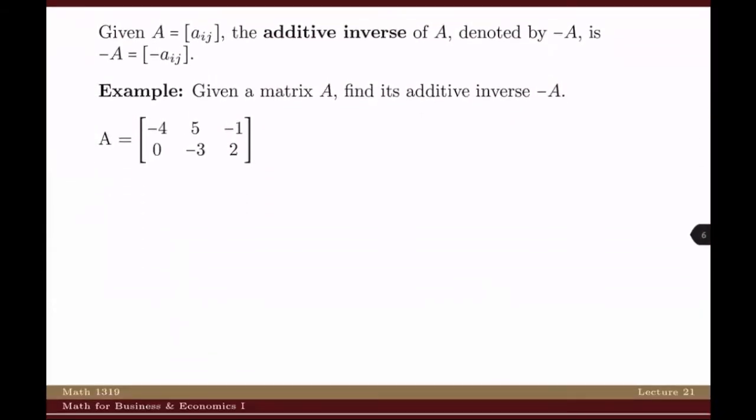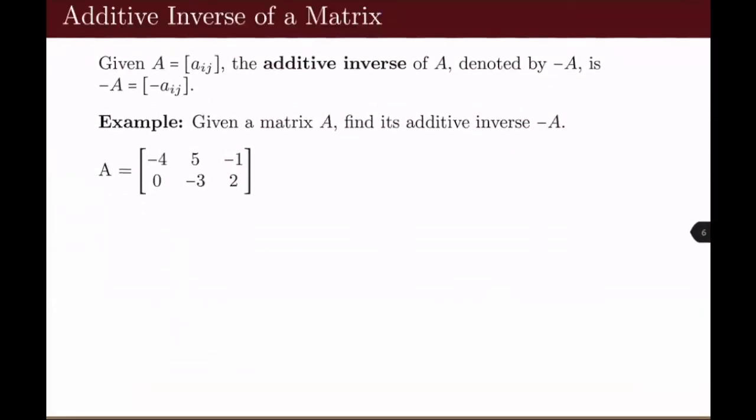The additive inverse of a matrix, if the matrix is A, is denoted by -A. And essentially all of the elements are just the negative of the original element. So what this is saying, -A equals -Aij, is just saying you take the negative of each of the entries of the matrix.